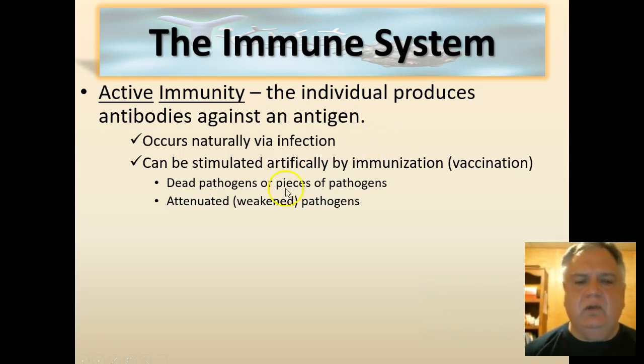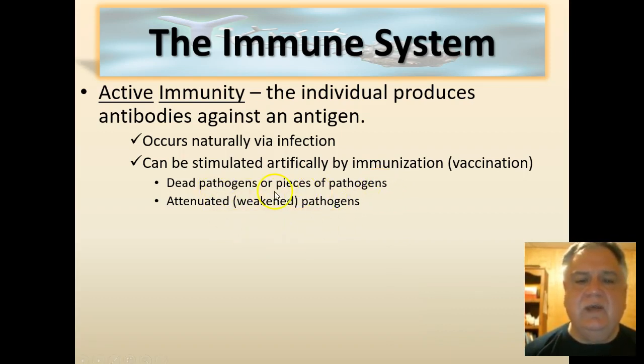With these, artificially stimulated by immunization or vaccination, the patient is given either dead pathogens that can't cause any disease or pieces of the dead pathogens. They will then have the acquired immune response occur exactly the same as what we previously discussed.